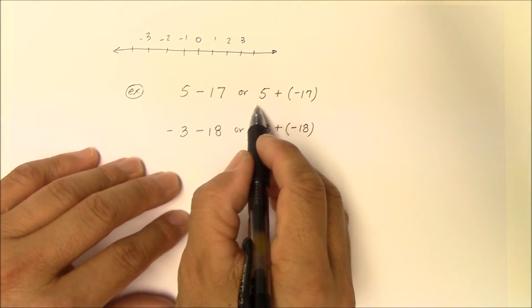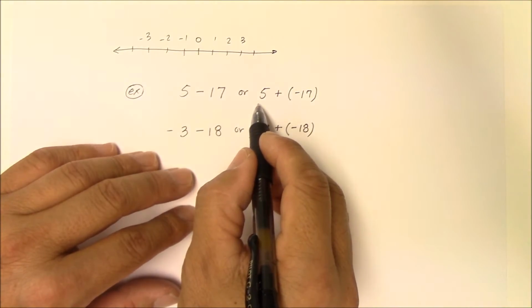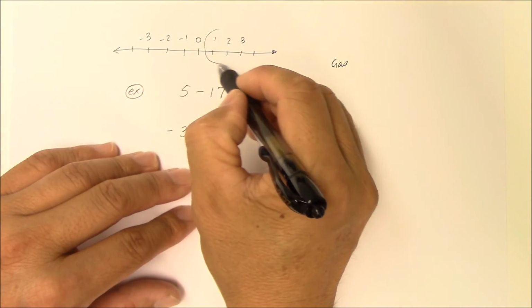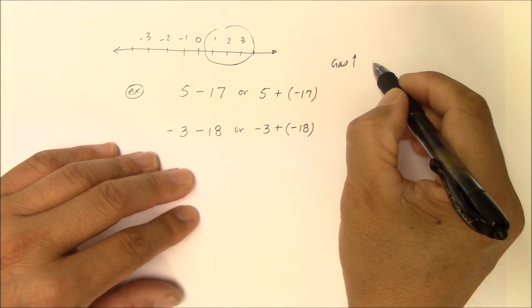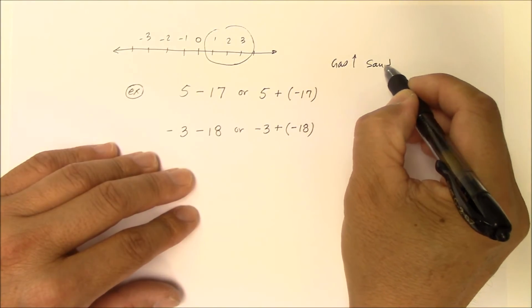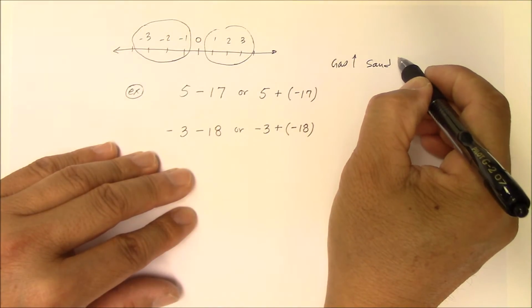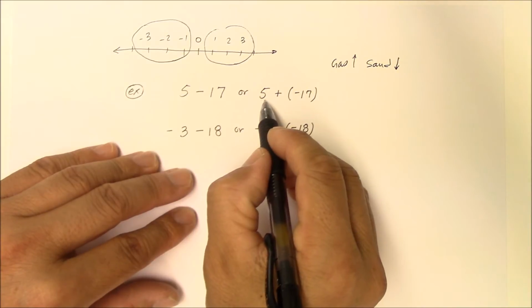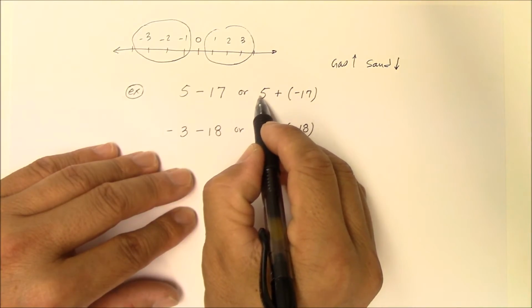Now, on the previous instructional video homework, we talked about gas bags. The gas bags are all the positive numbers, which makes the hot air balloon go up. And sandbags. Sandbags are all the negative numbers and make the hot air balloon go down. So look at this example, first one. We're going to add 5 gas bags, because it's positive.